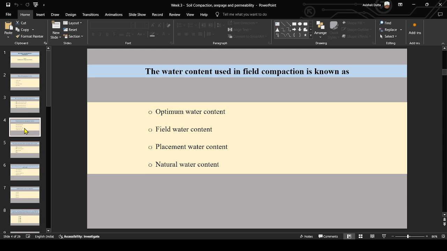The water content used in field compaction is known as. The options are: optimum water content, field water content, placement water content, or natural water content.